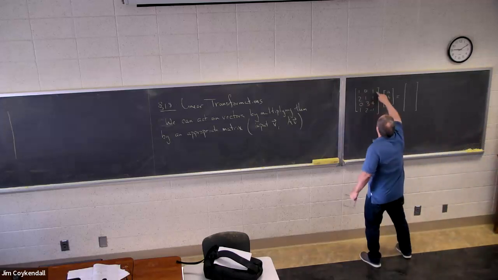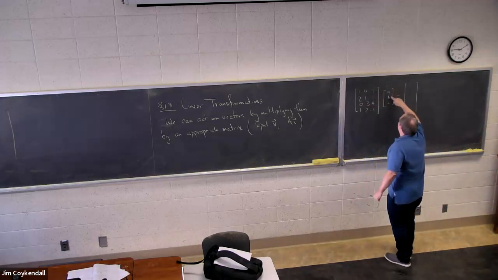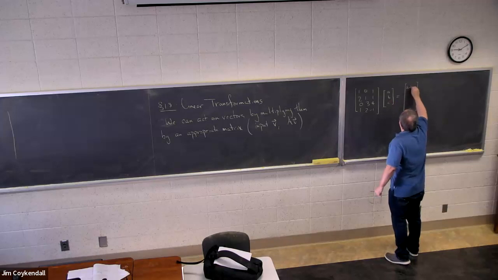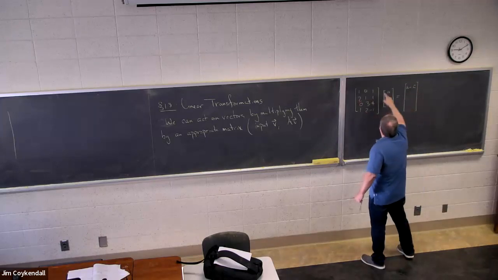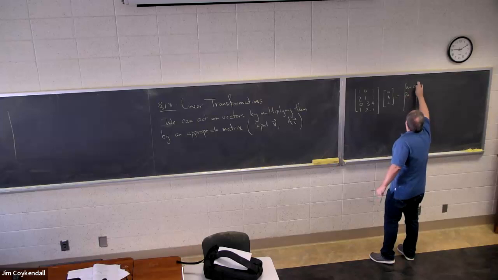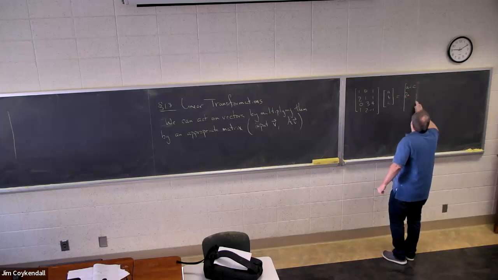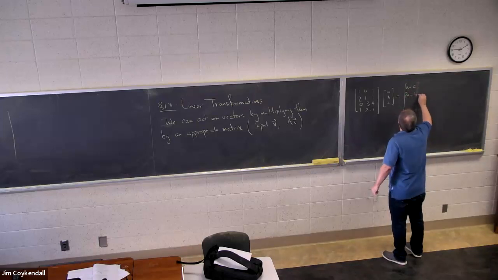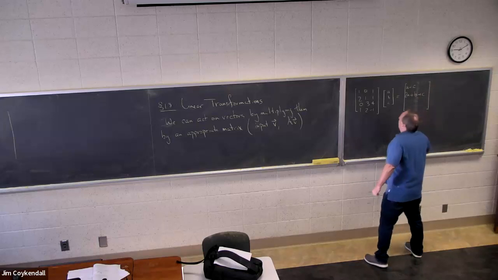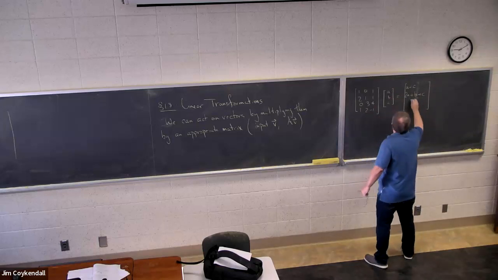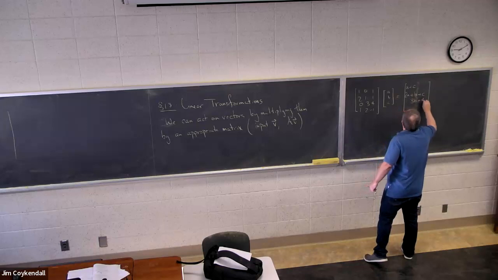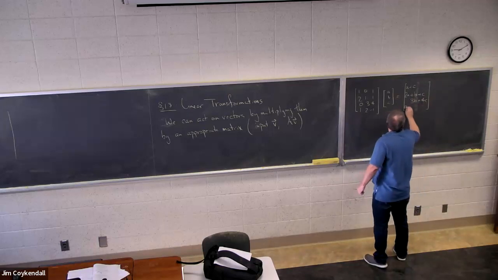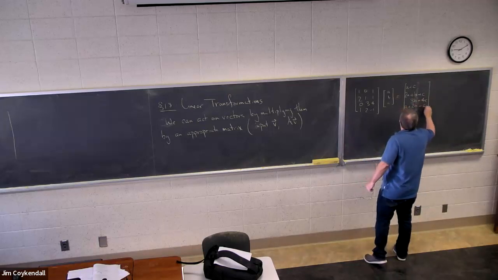If I multiply this row times this column, a, 0, c, so I get a plus c in the top. I get 2a plus b plus c, and I get 0a plus 3b plus 4c, and I get a plus 2b minus c.